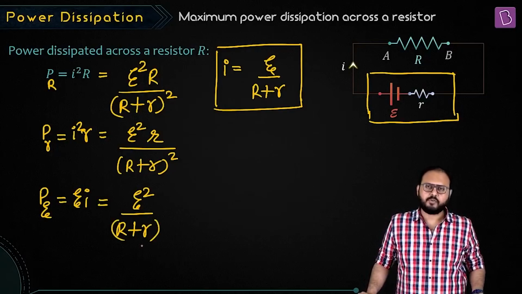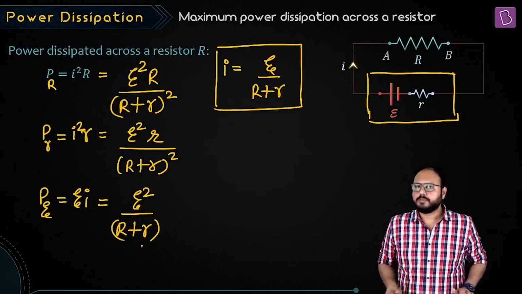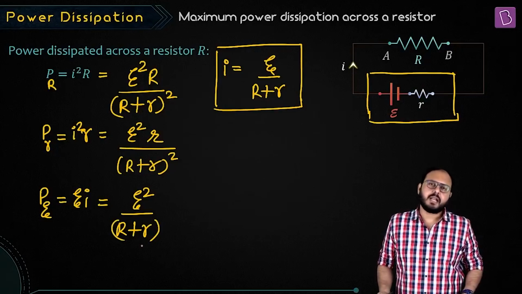I still didn't get what you are arriving at. What I'm arriving at is to add P capital R and P small r.